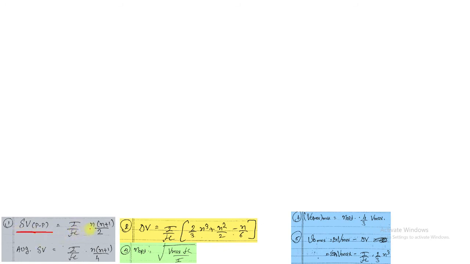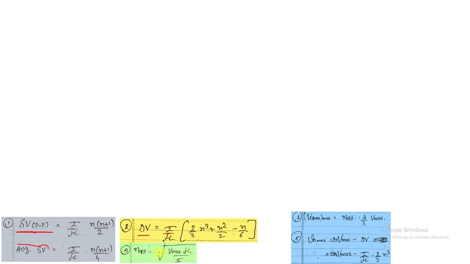It is I upon Fc into n into n plus 1 by 2. Average ripple voltage magnitude is I upon Fc into n plus 1 by 4. It means delta V peak to peak by 2. The voltage drop is I upon Fc, where F is frequency. So I upon Fc into 2 by 3 n cube plus n square by 2 minus n by 6.